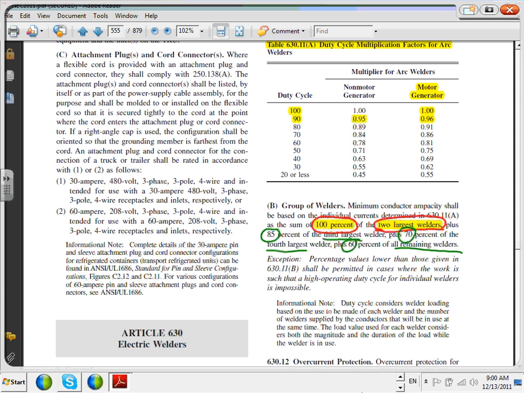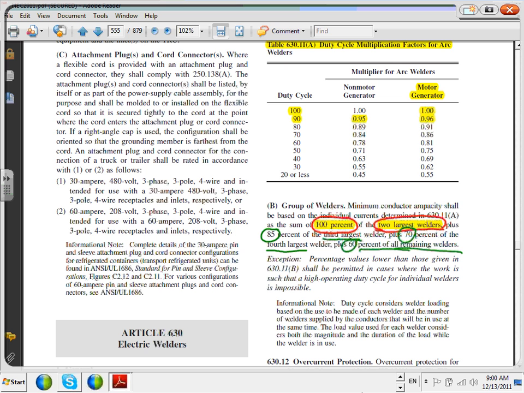Can you guys highlight these? The first two welders, 100%. Then the remainder, the third at 85, the fourth at 70. Don't ask me why. And everything else after that at 60%.